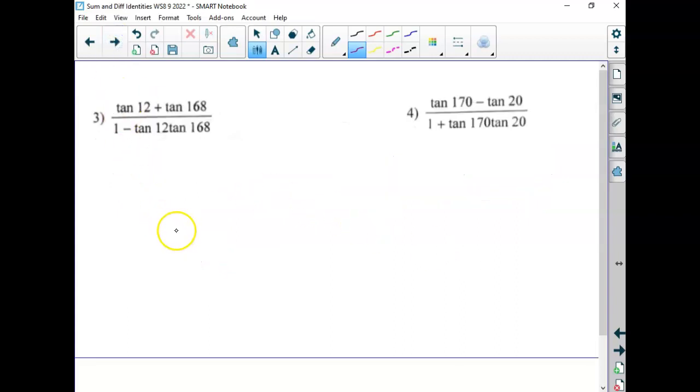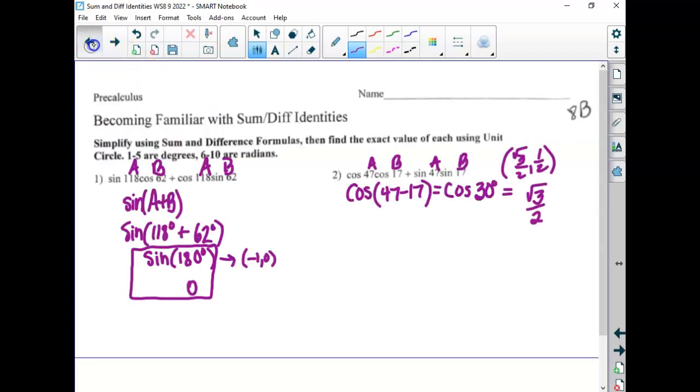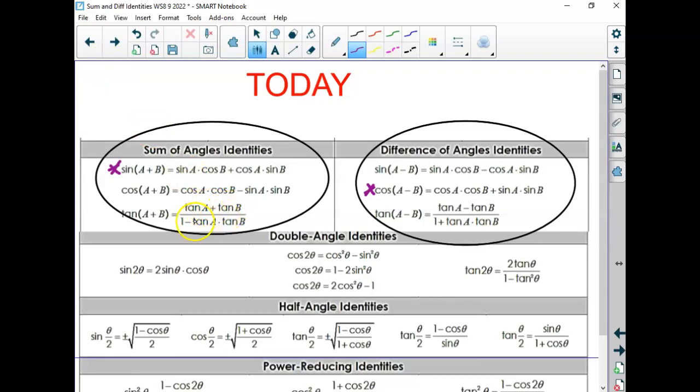All right. Oh, these are tangents, but I don't think they're super tricky. Tan plus tan divided by 1 minus tan times tan. Which one is that? Is that tan of A plus B? Right? If it has a plus on the top and a minus on the bottom.